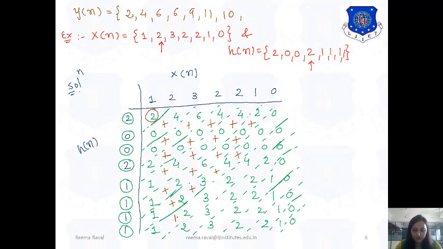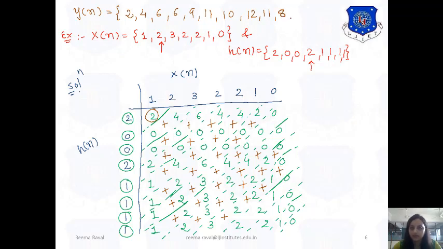Then in the next instant 1 plus 2 is 3, 3 plus 3 is 6, 6 plus 2 is 8, 8 plus 4 is 12, plus 0 gives the value 12. Then 2 plus 3 is 5, 5 plus 2 is 7, 7 plus 2 is 9, 9 plus 2 is 11, 11 plus 0 is 11. Okay, and next instant 3 plus 2 is 5, 5 plus 2 is 7, 7 plus 1 is 8, 8 plus 0 is 8.